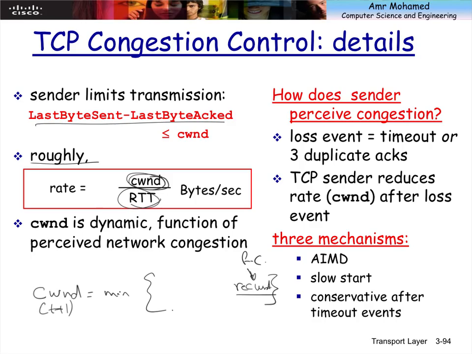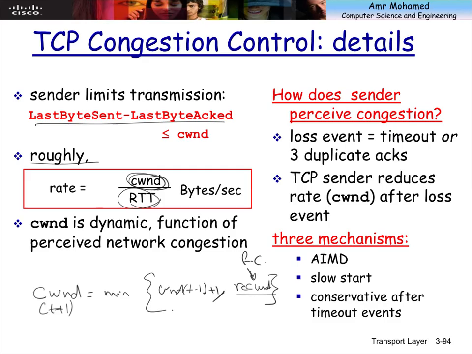And the other component is the window at time t minus 1, plus 1. So if we increase the window size by 1, we said that for every acknowledgement, we increase the congestion window by 1. So if we start to increase by 1 and then we go beyond the limit of the receiver window, then we stop.